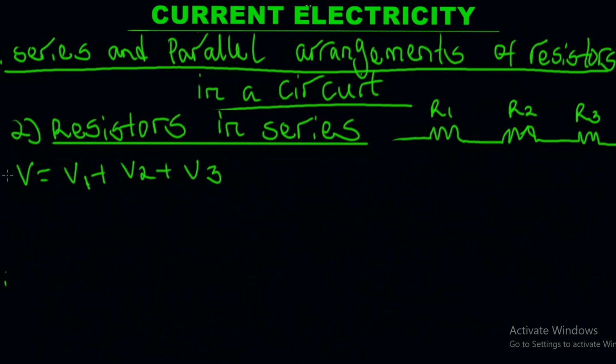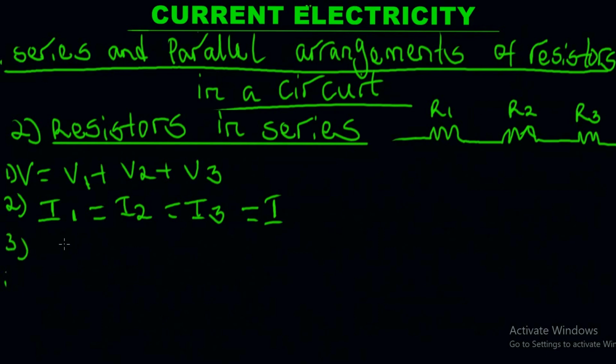For the second point, the current flowing through each resistor is the same and equal to the total current. Then to find the effective resistance, it's very simple.